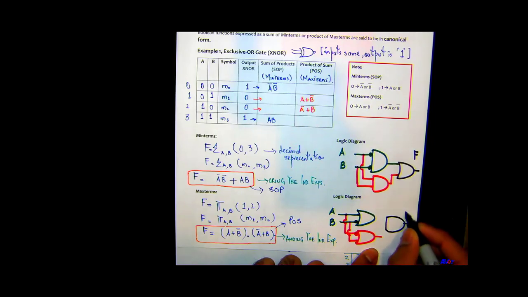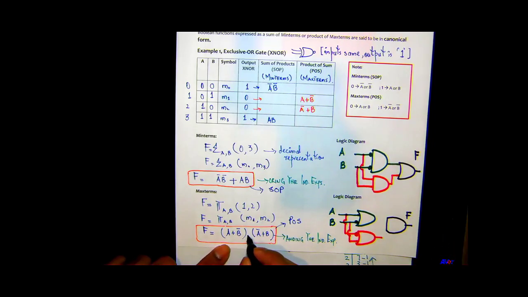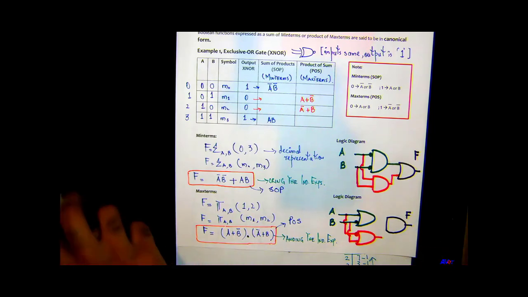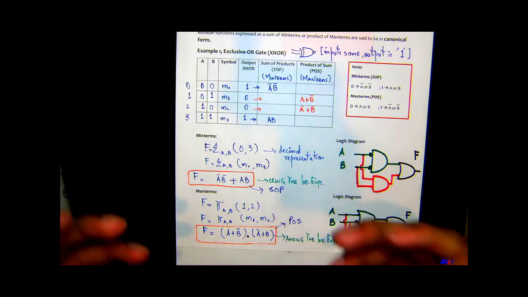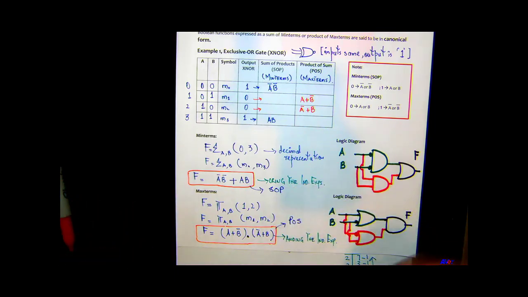And the output is the F, because this makes the AND gate here, right? Dot operator. Then F is right here. Okay, and they both will generate the same output. It's just a matter of choosing whether you want to go with Minterms in terms of deriving the expression, or you want to go with Maxterms.